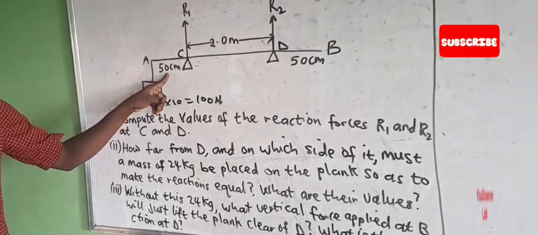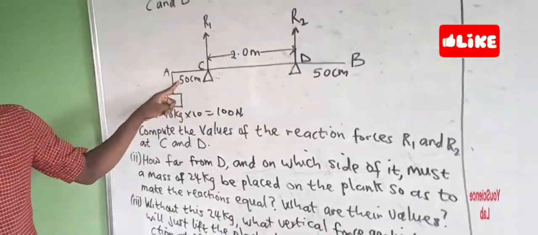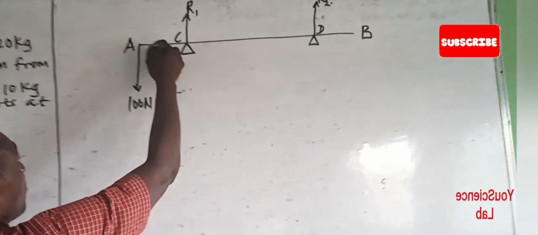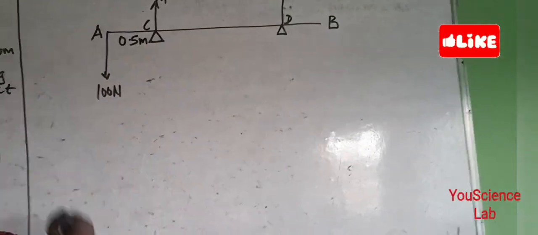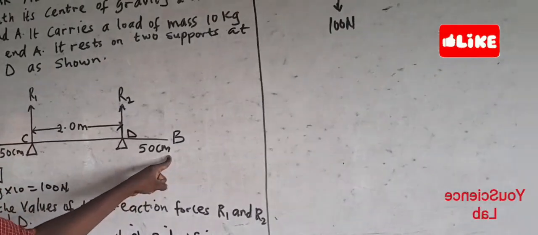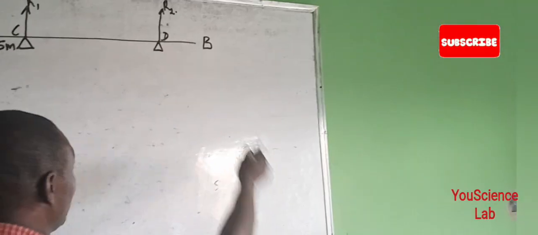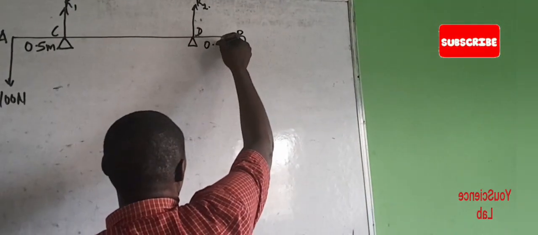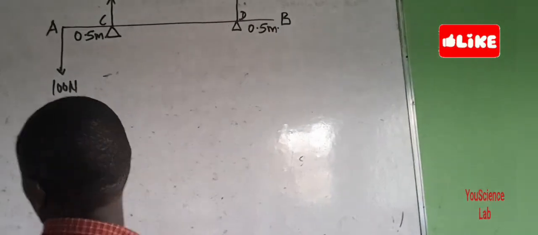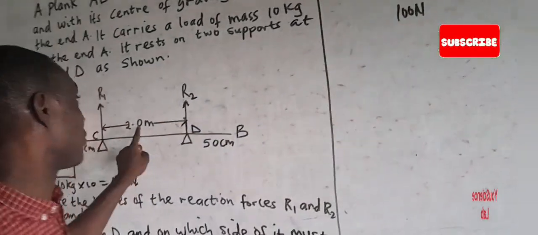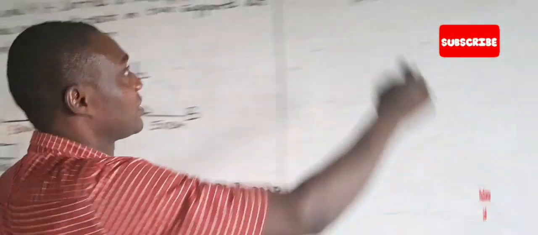So we have to convert all of that to meters. We divide 50 by 100, that gives us 0.5. So the distance is 0.5 meters. And for this also, it's going to be 0.5 meters, because they're exactly the same. Now the distance between C and D is 2.0 meters. So let's include that.